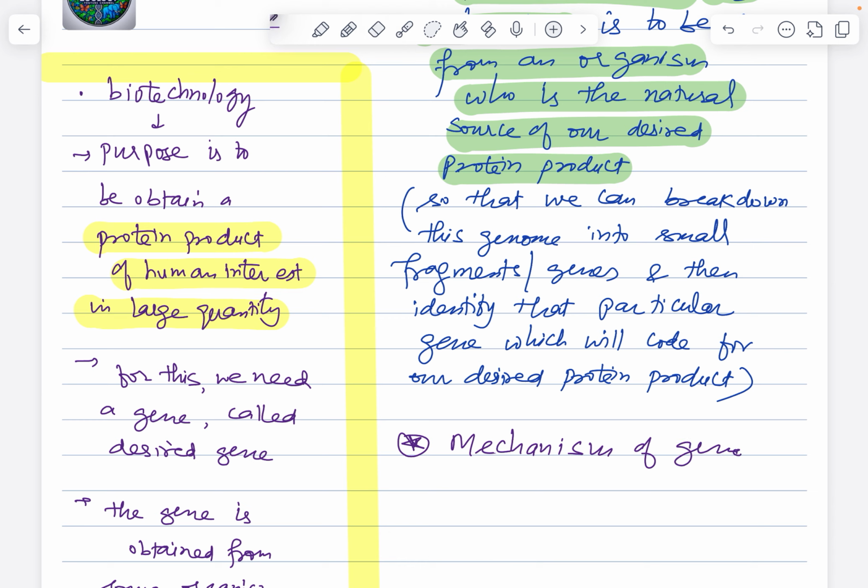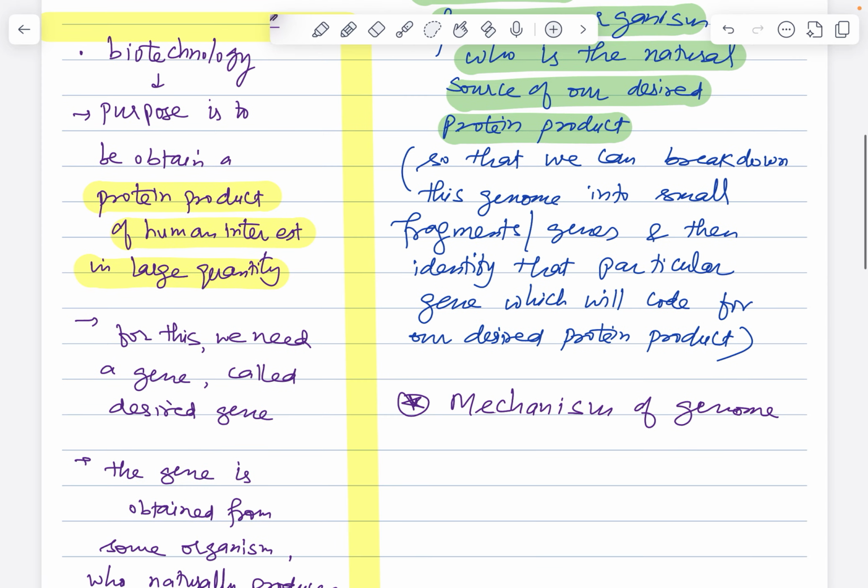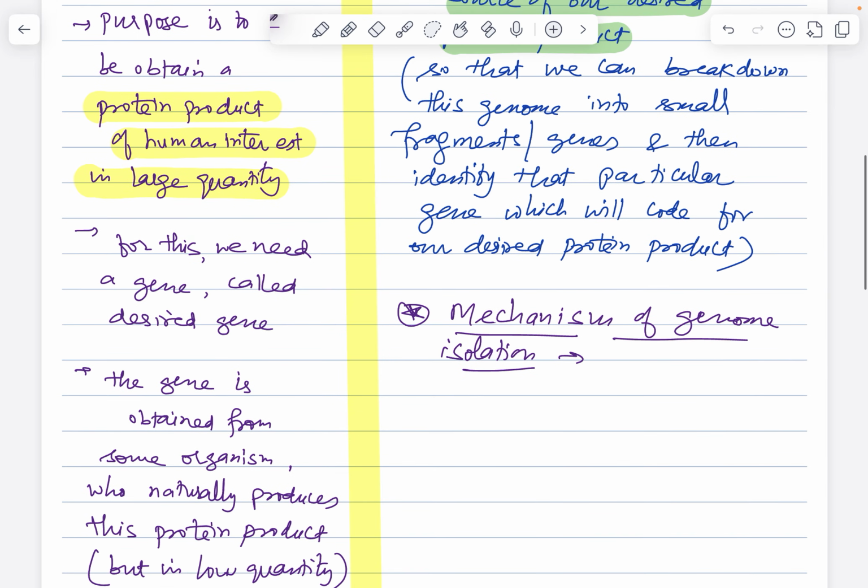Now, the mechanism of genome isolation is a set protocol which is very easy to perform in the laboratory. The first thing that you need to do while trying to obtain the genome of an organism is take a few cells of the organism whose genome is to be isolated.